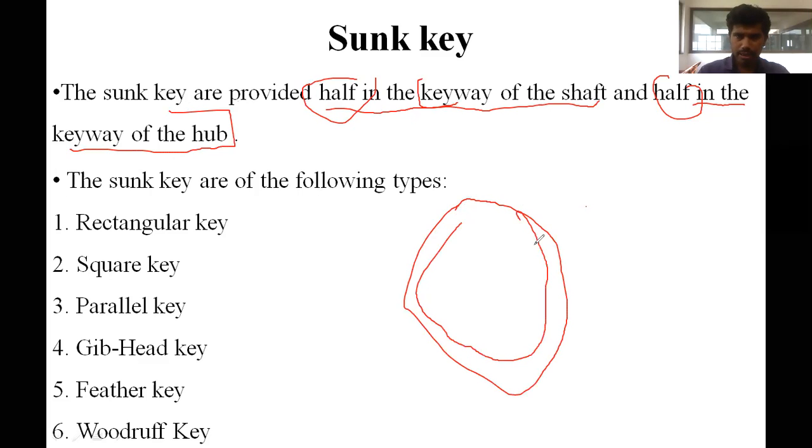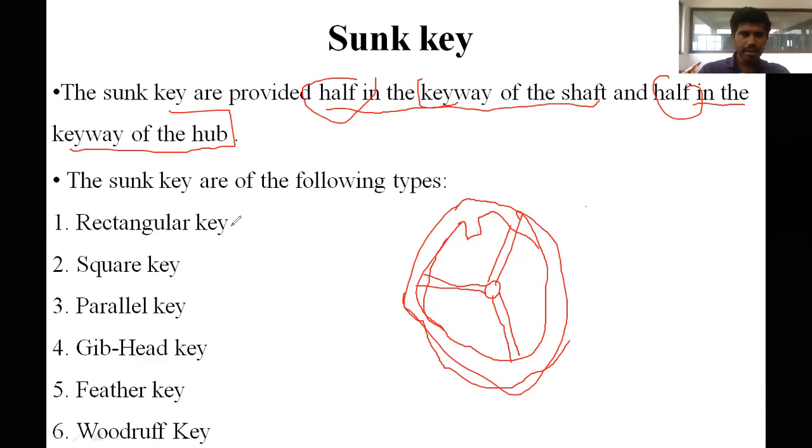Here we will have a keyway hub. These are the keyways, and this is the keyway hub in the pulleys.